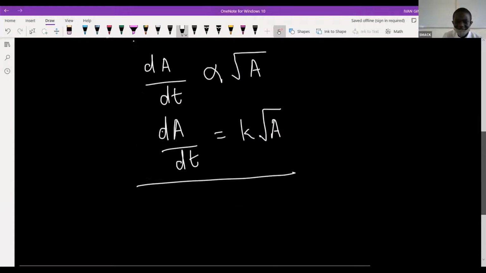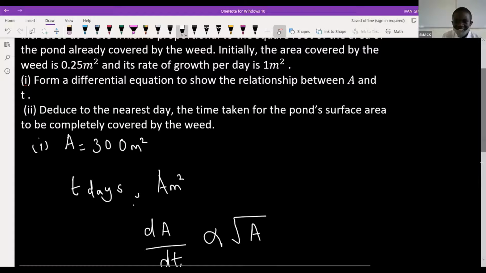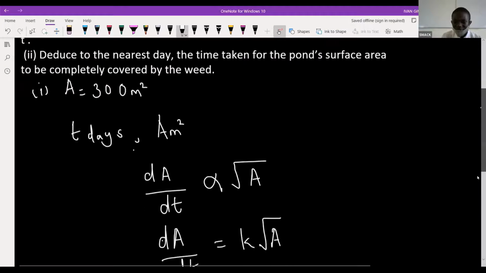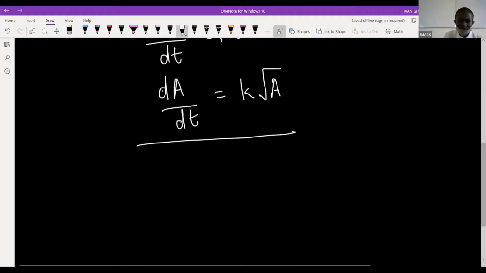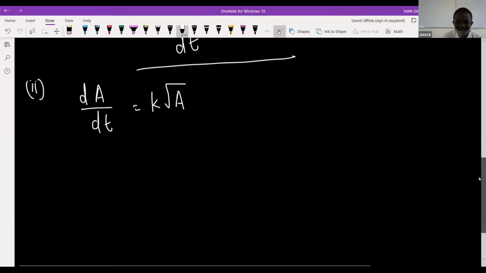And then part 2, they're telling us to find, to the nearest day, the time taken for the pond's surface area to be completely covered by the weed. So we are going to straight away find a general solution to this equation, dA/dt is equal to k square root of A. We shall begin by separating the variables.